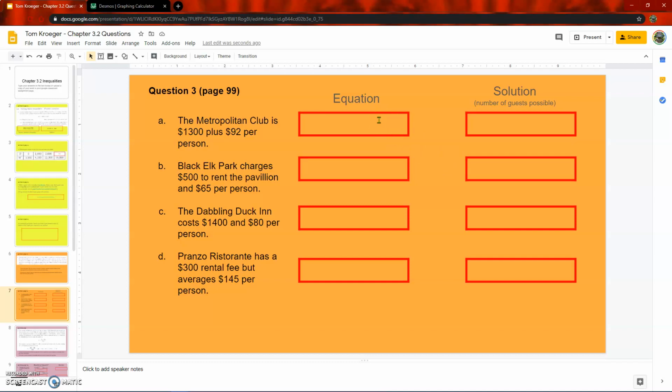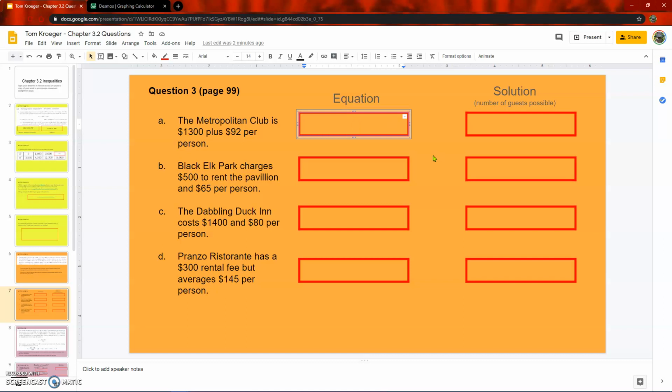So, the Metropolitan Club costs $13,000 plus $1,300 plus $92 per person. So let's say we're using G as the number of guests, or you could use P for people, whatever. So they have a budget of $8,000. They can't spend more than $8,000.